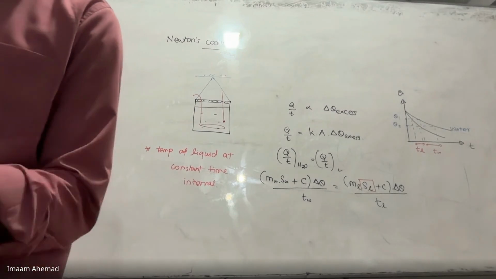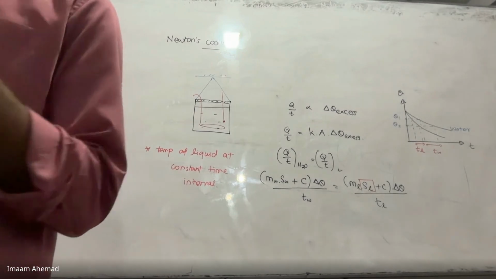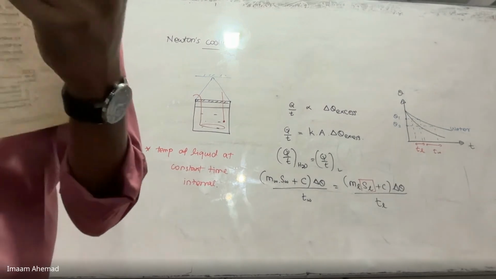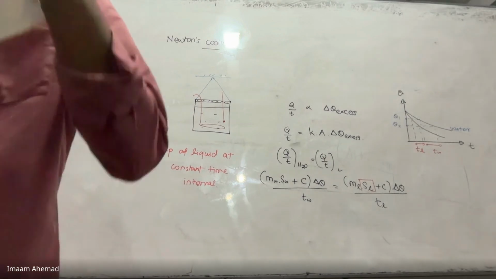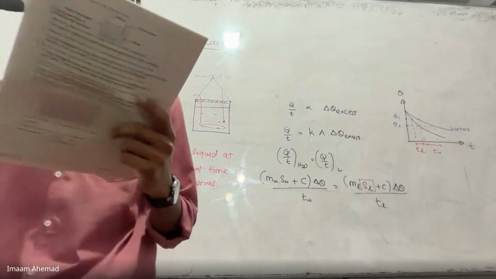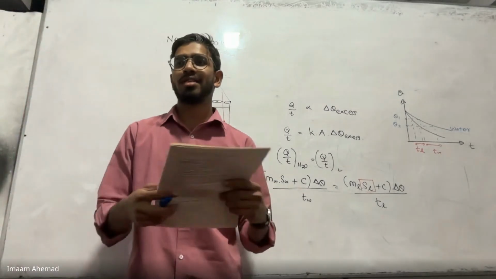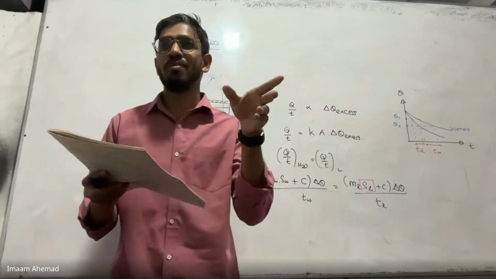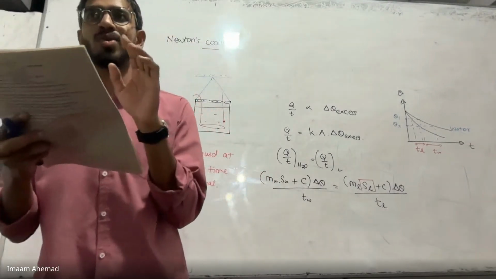Now let's go through the past papers and see what we can find. And we need this. In 1991, it is a method of mixtures question, not Newton's cooling law.